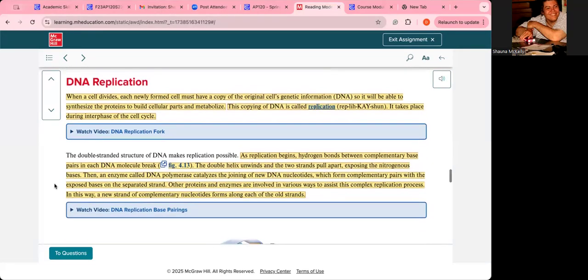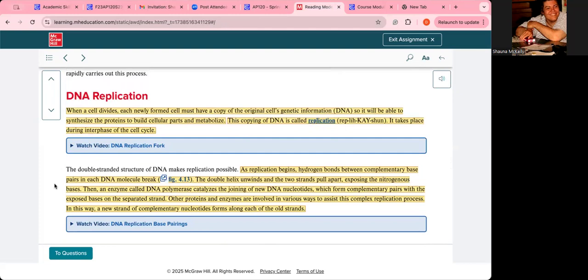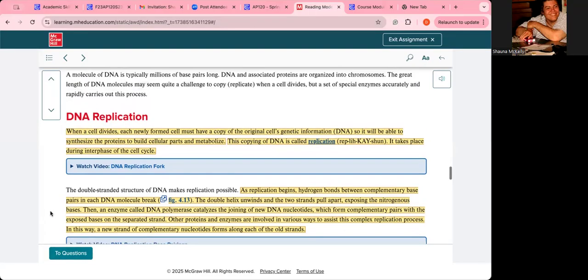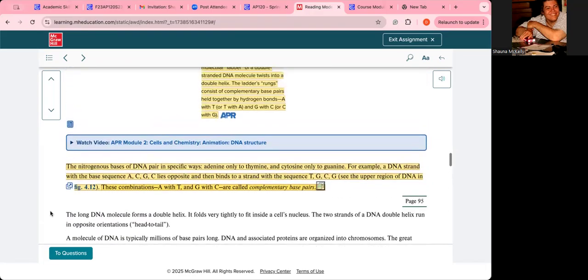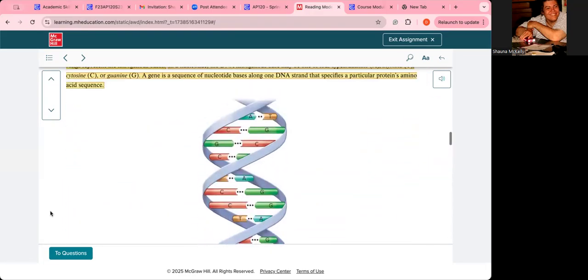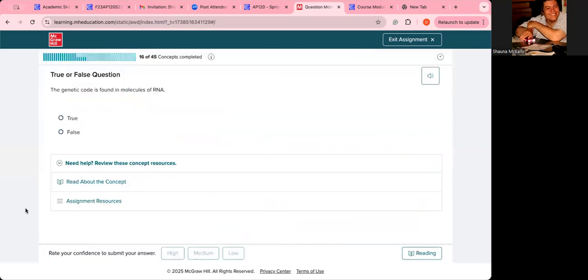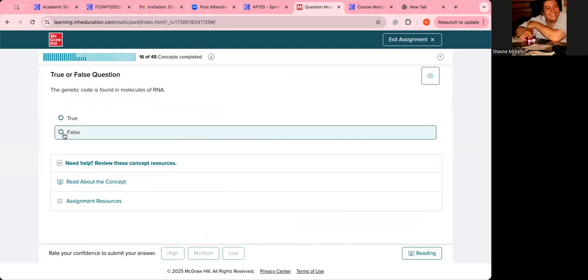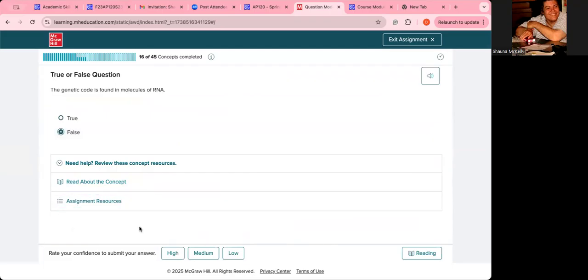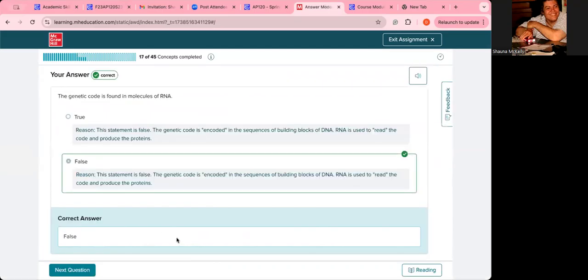I think it's DNA. So I would say it's false because that should be DNA, not RNA.